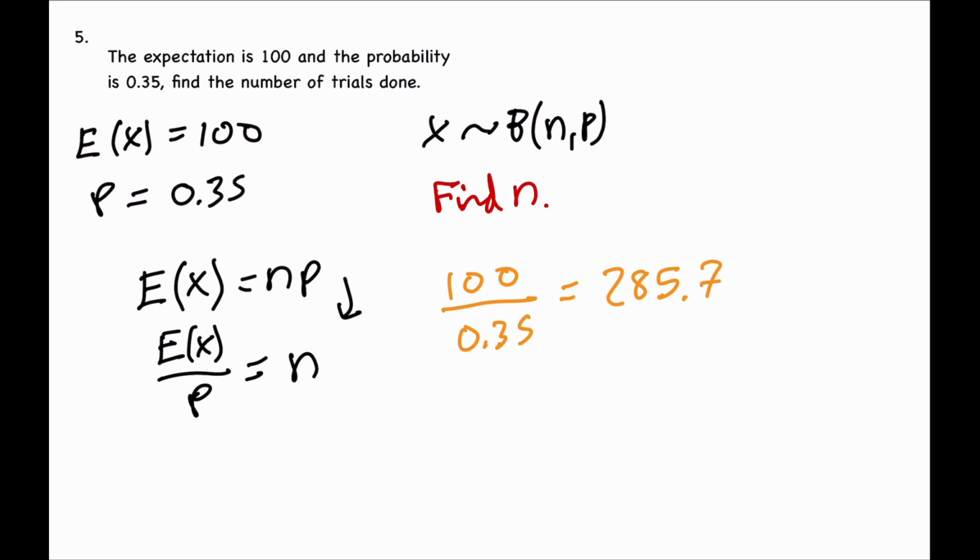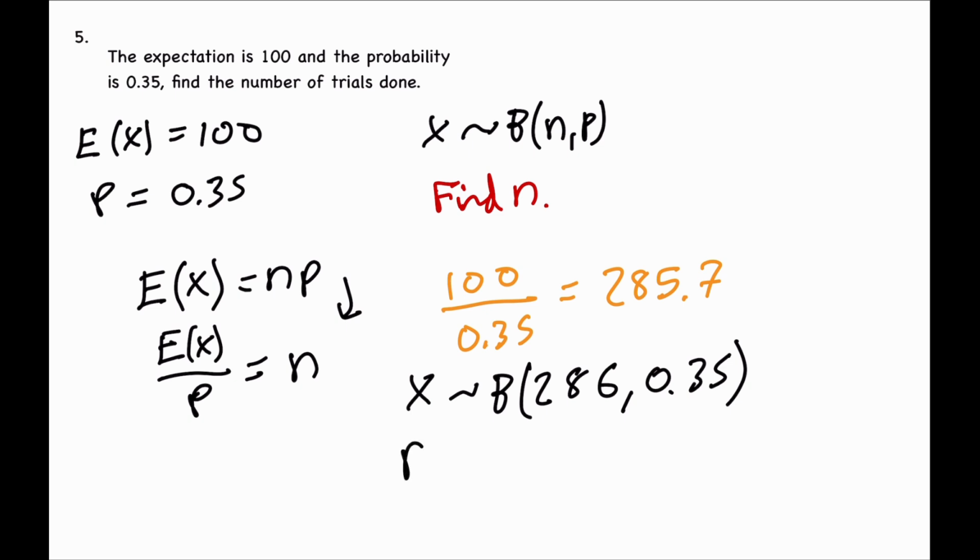285.7. Now you can't have a fractional number of trials, so what we can try to do is take x follows the binomial of 286, rounded up, comma, probability of 0.35. And then we're going to try a probability of x is equal to 100 and test the values of 101 and 99 and see if 100 is the largest one.